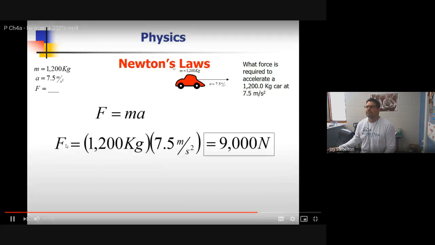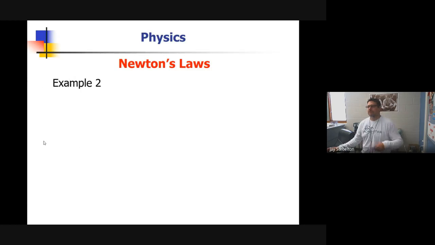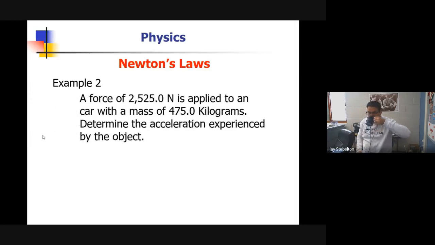Let's take a look at a second. Whenever I have a physics problem, first thing I have to do is a force of 2,525 newtons is applied to a car with a mass of 475 kilograms. Determine the acceleration experienced by the object. Read it.